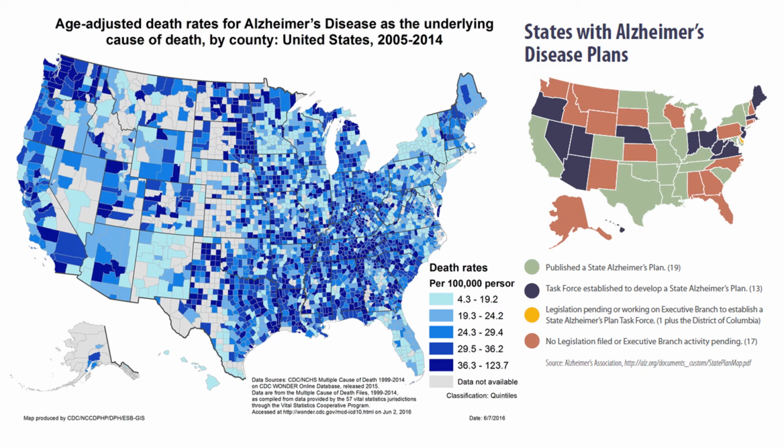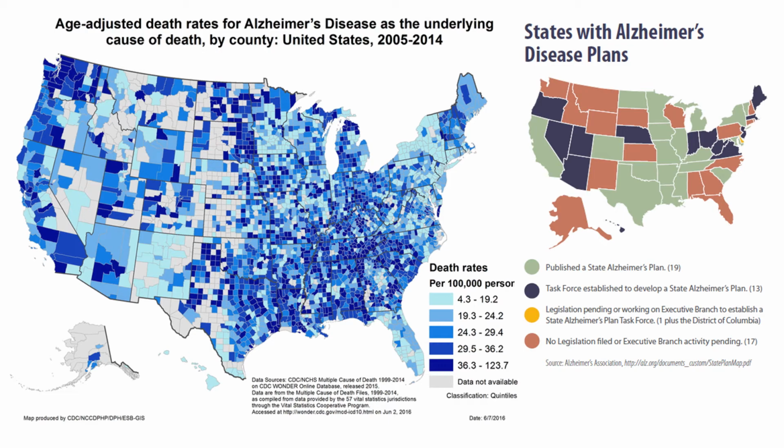The map on the left shows the age-adjusted death rates of Alzheimer's disease in the US from 2005 to 2014. I'm not sure if the regional breakdowns are based on counties or units smaller than a county, but the map on the left indicates that there are regional differences within the same state with respect to Alzheimer's disease-related deaths.